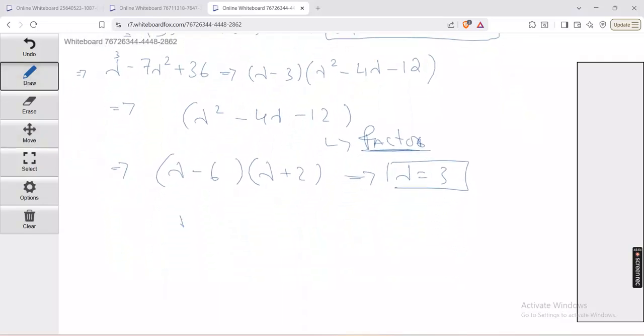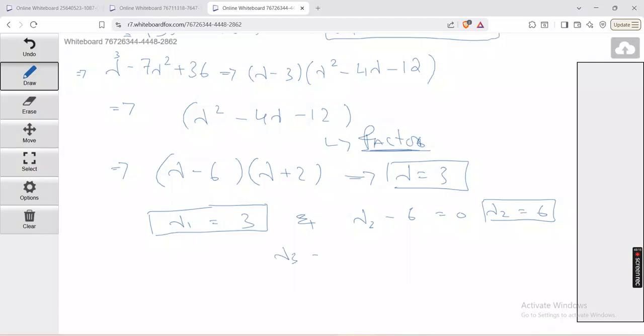So you can say that our lambda 1 is equal to 3, and lambda 2, lambda minus 6 is equal to 0, so you can say that lambda 2 is 6, and we have lambda 3, lambda plus 2 is equal to 0, so you can say lambda 3 is minus 2.